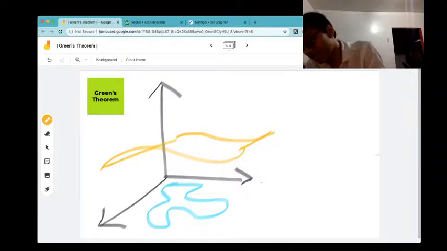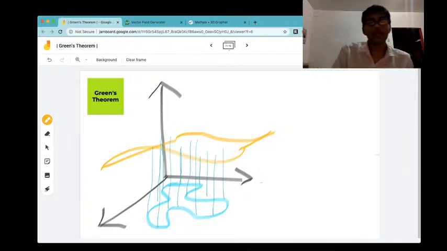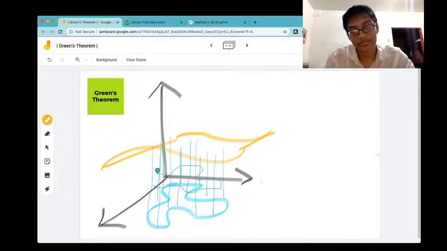And here's what we're talking about. You can see I'm connecting my 2D path on the xy plane to my surface above it, right? Okay, that right there is Green's theorem in a nutshell.